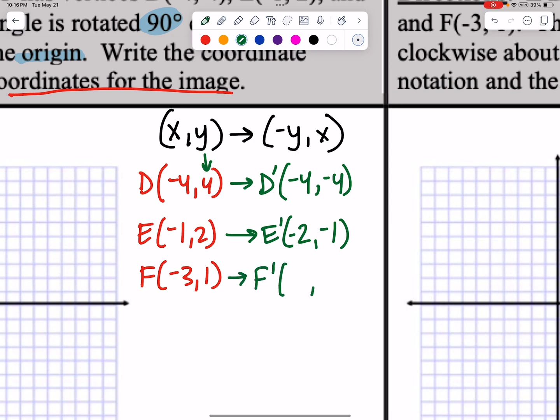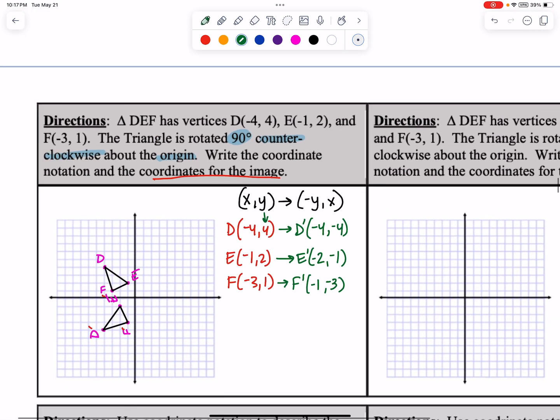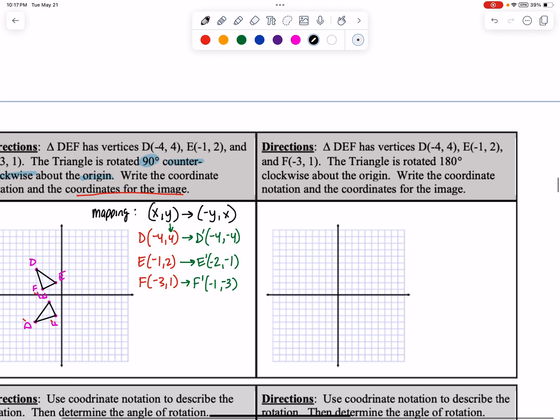Okay, we know our x's are staying the same, but it is moving, so that's a -3, and the 1 goes here, but it's opposite. Okay, and so that's how you'll write the mapping, okay, and the new coordinates. Okay, so remember again, this is your mapping here.